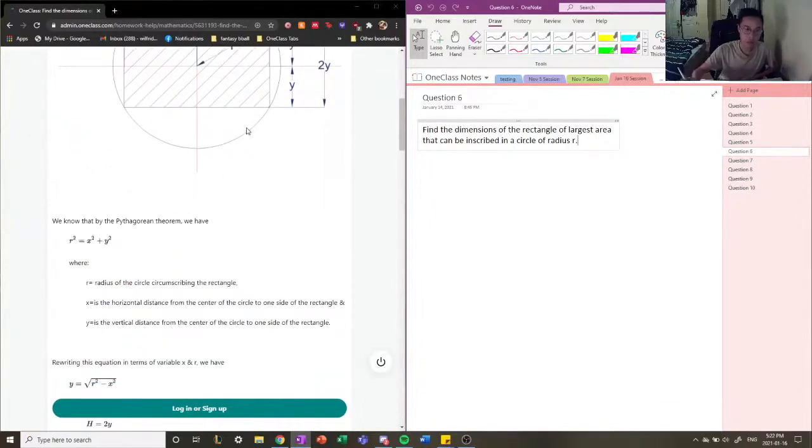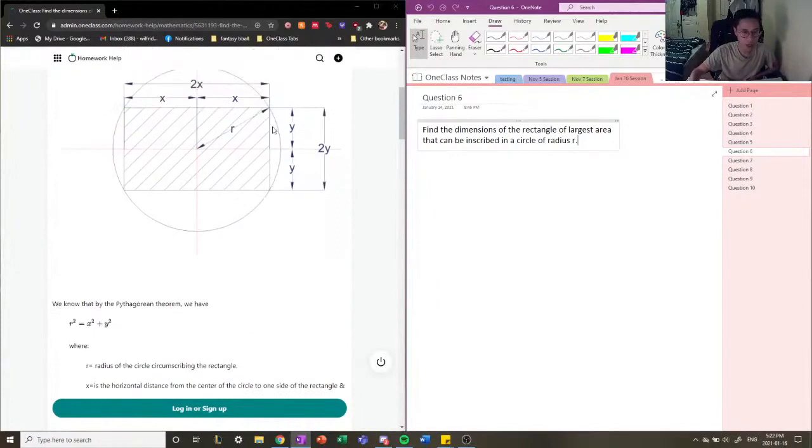First, we're going to use the Pythagorean Theorem. It states that r squared is equal to x squared plus y squared, so the hypotenuse of a right angle triangle is related to the sum of the squares of the sides. We're going to isolate for y here. So y is equal to the square root of r squared minus x squared.